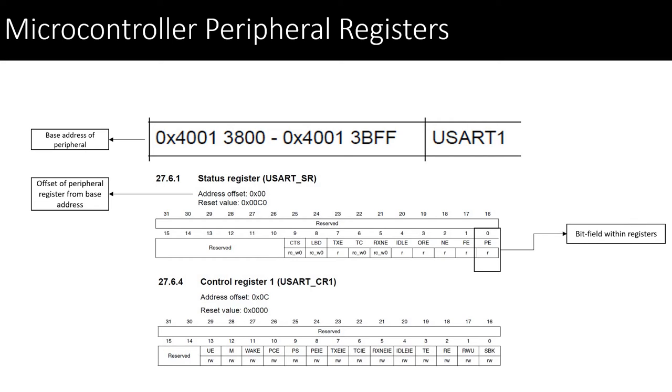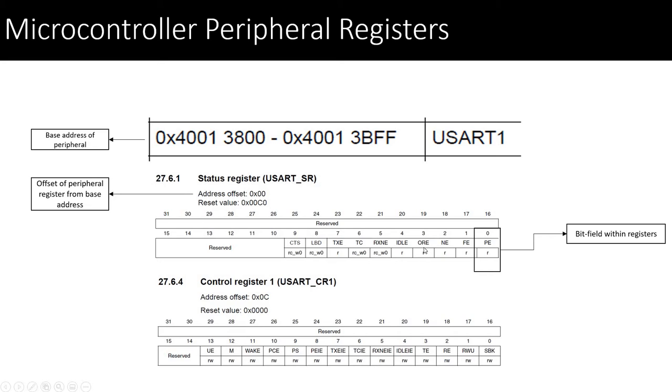Then it has many bit fields. For example, bit field PE, which is read only, starts from bit 0 in the register and is just 1 bit wide. Then second is FE, which starts at bit 1 and again is read only and 1 bit wide.